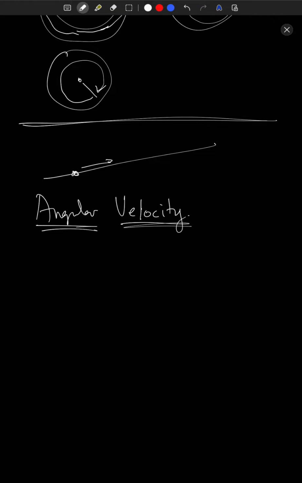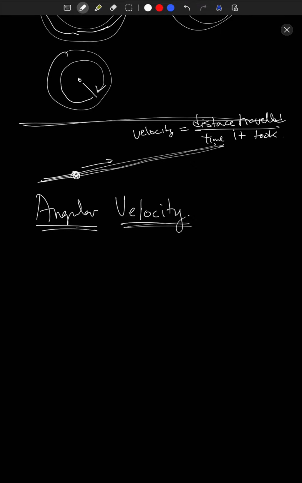Okay, so again, let's go to our analogy. When we talk about regular motion along a straight road, what is our velocity or what is our speed? It's going to be how far we traveled. So velocity for regular motion along a line is going to be distance traveled over time it took.